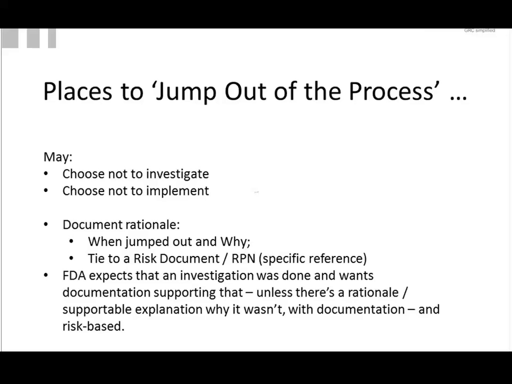For some reason, in your particular area, it wasn't applied or didn't apply, but it's applicable, whatever. But there are occasions where you'll want to stop the process, in which case, document it and do your cross-referencing.